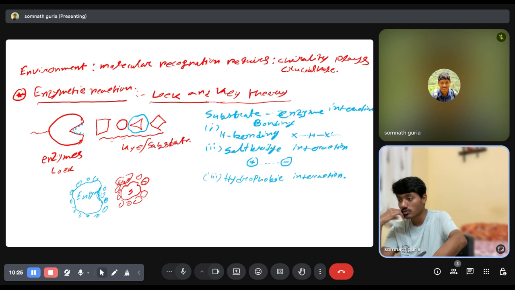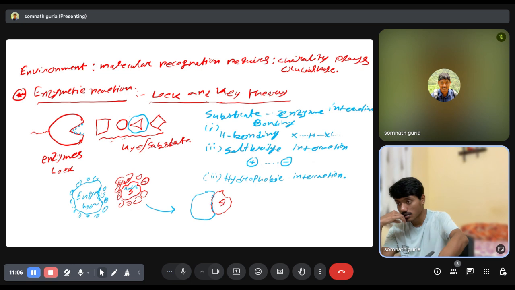So when they come together, this is hydrophobic. These are also hydrophobic. The inner side is hydrophobic and the outer side is hydrophilic kind of structure. And when they bind together, here is the substrate binding through it.